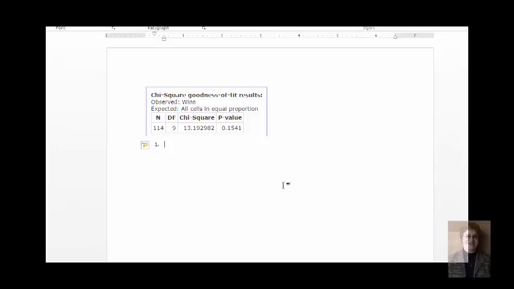Step 1, my null hypothesis is going to be that all p's are equal, and then my alternative hypothesis is going to be that all p's are not equal.